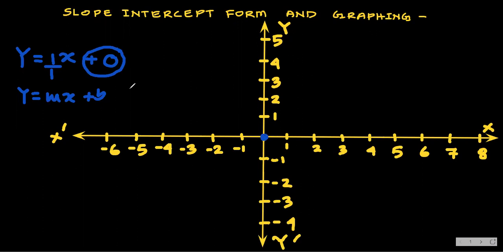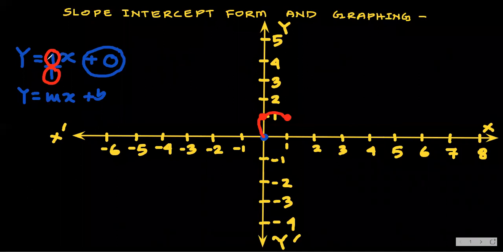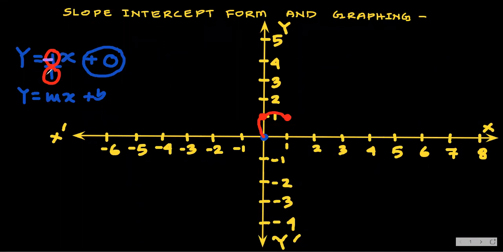And from 0, you need to go 1 unit up, because it's a positive 1, then 1 means 1 to the right. So here we can get another point. We can get another point actually. How? It can also be written as -1 over -1. That means what? Do the reverse operation.